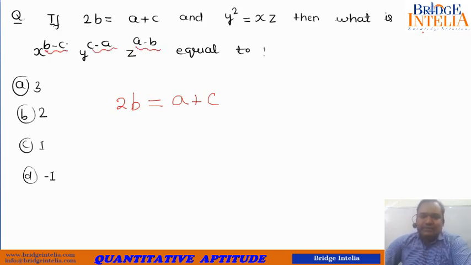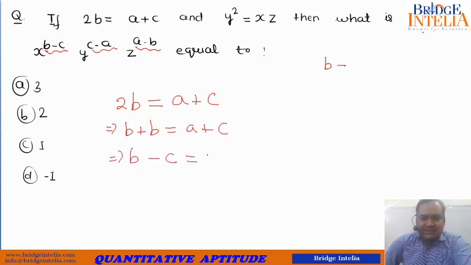Try to be smart. So b minus c. This is b minus c. Look carefully. What can b minus c be written as? From here you can see that b plus b is equal to a plus c. So can't you say that b minus c is equal to a minus b? So b minus c is actually equal to a minus b. These two are the same exponents.